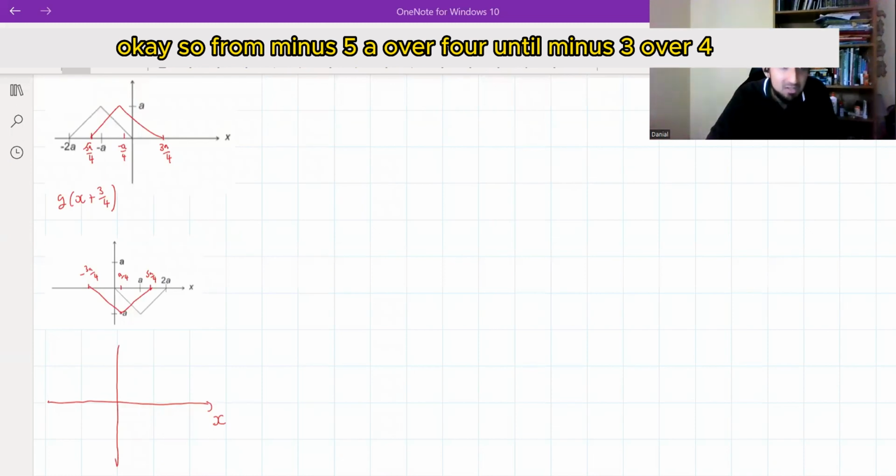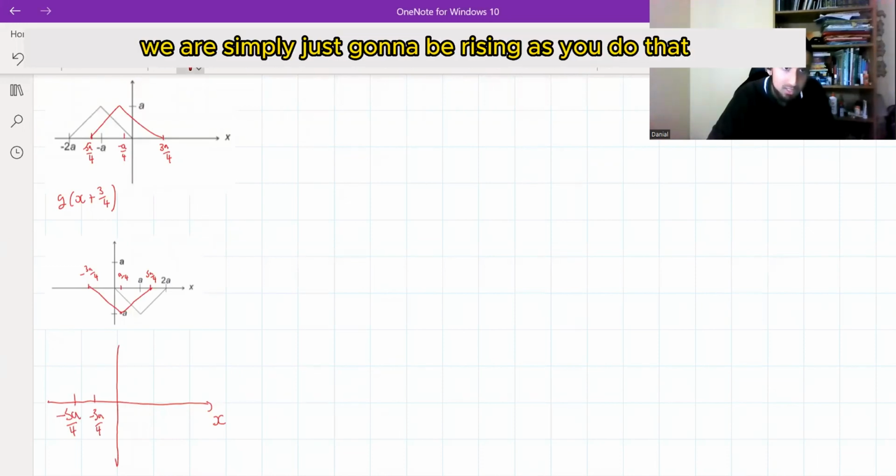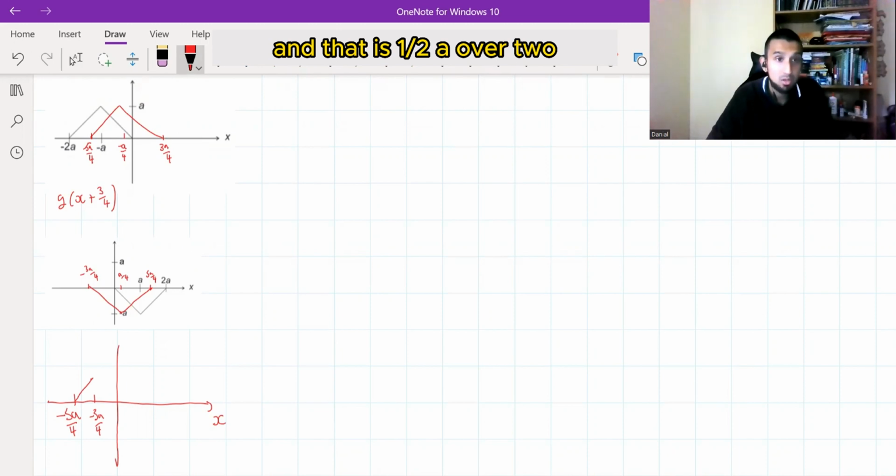Okay, so from minus 5a over 4 until minus 3 over 4, we are just rising, okay? From minus 5a over 4 to minus 3a over 4, we are simply just going to be rising as you do there. And that is a over 2. So in a period of a, we go up a. So that would be a over 2.